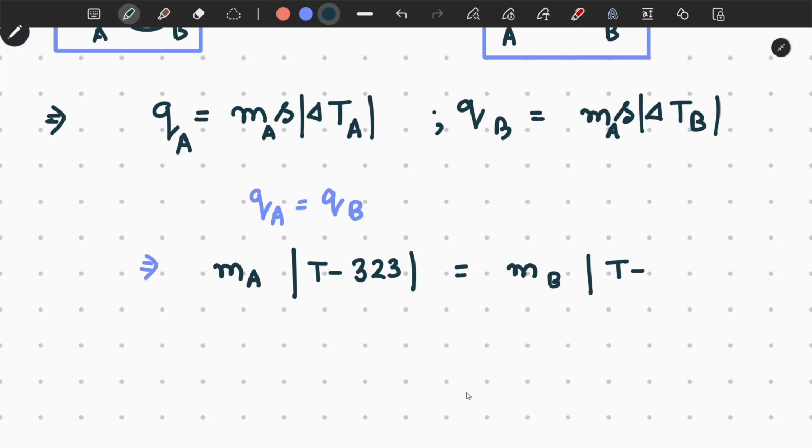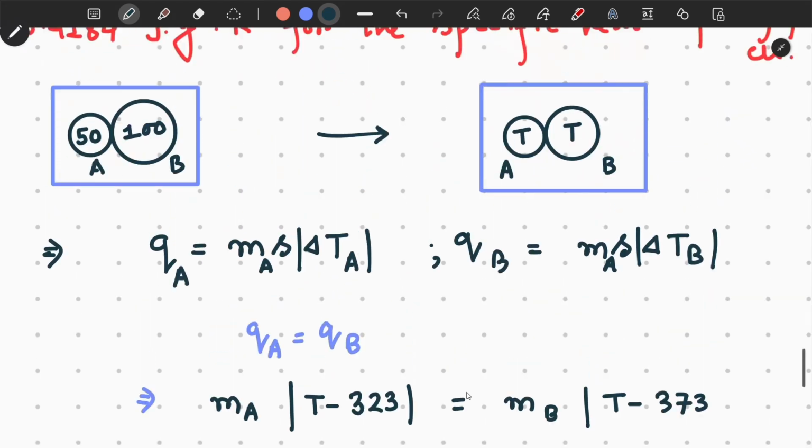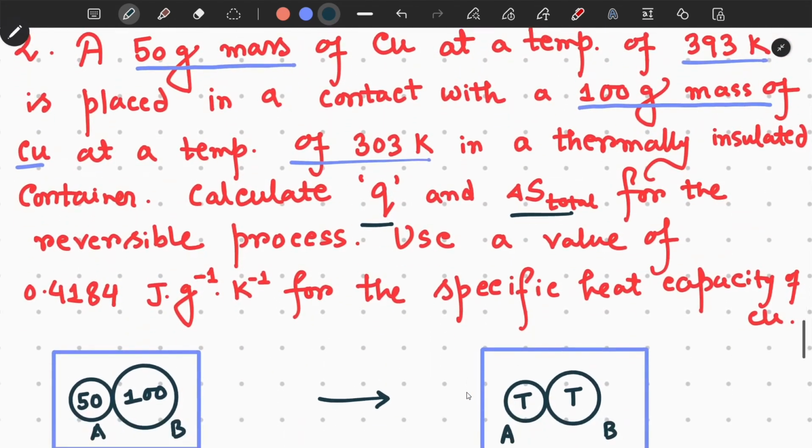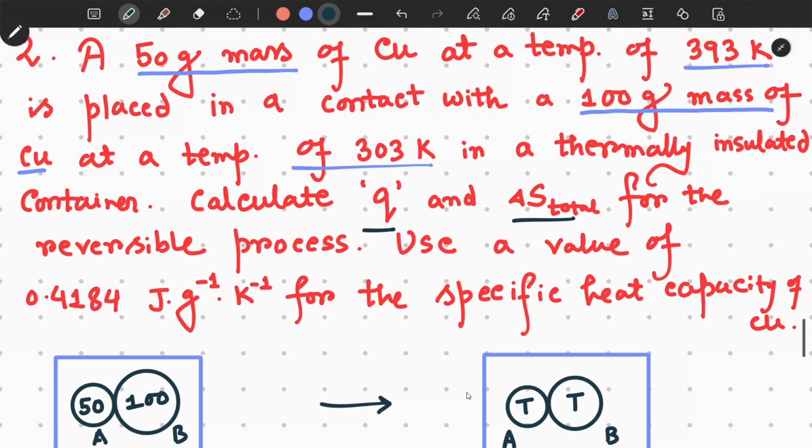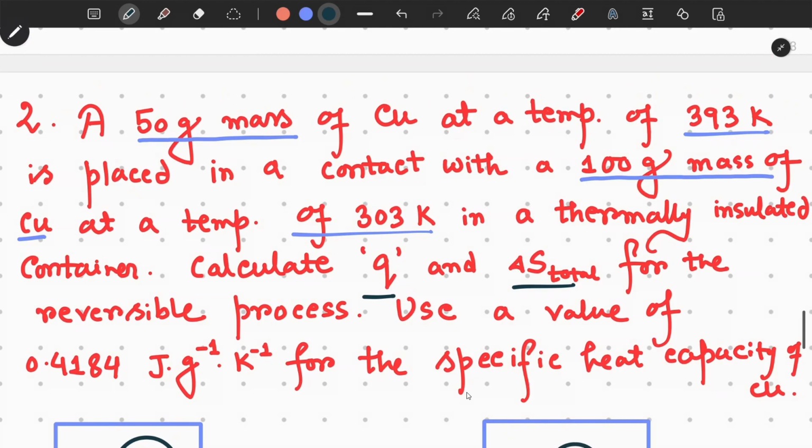Sorry, 373. It is at 100 degrees, right? Yes, 373. One minute. What are we doing? 50 gram is the weight. Sorry, 393 and 303.